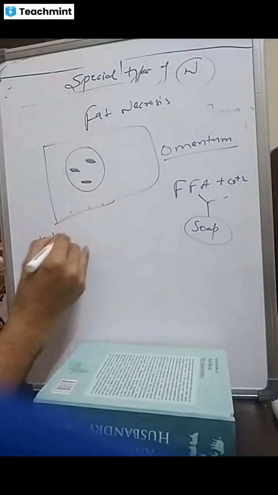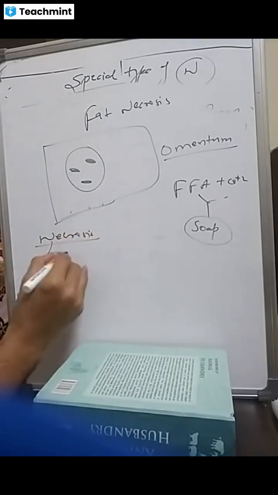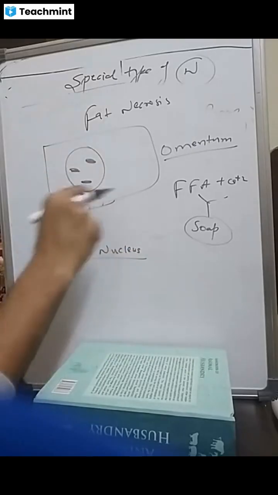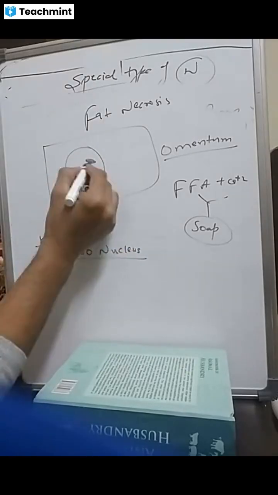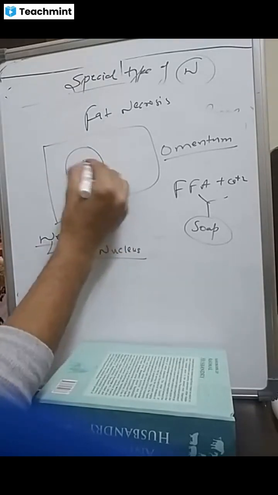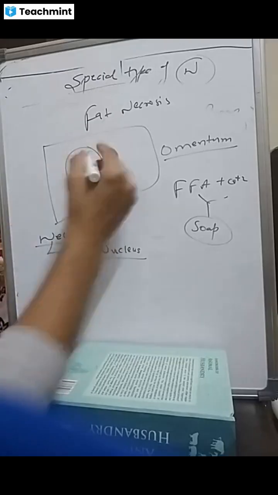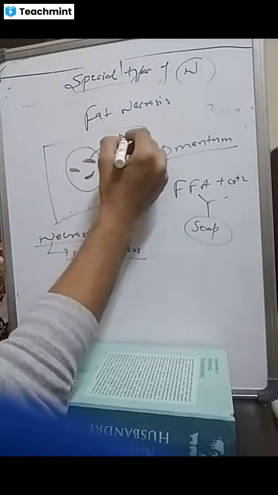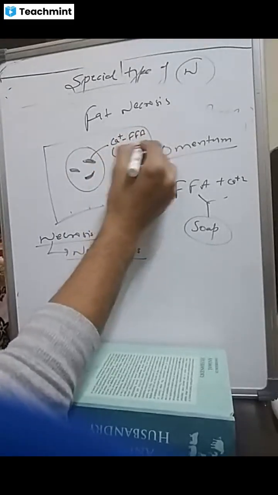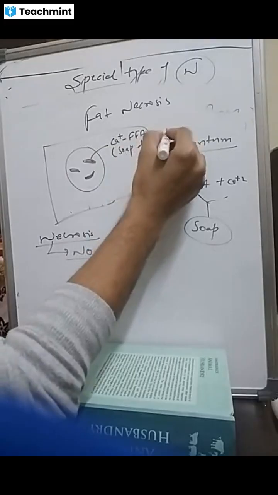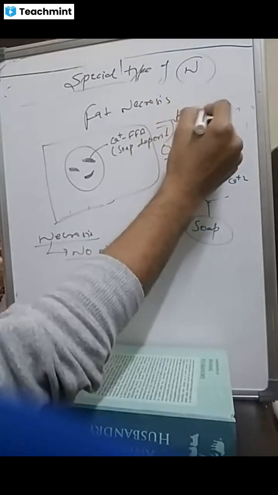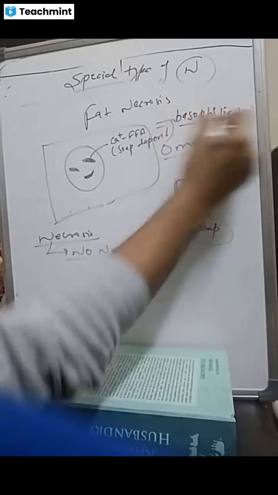See, it is a necrosis. So no nucleus. Nucleus is not there. These three dots, they are calcium free fatty acid, that is soap deposit, and these are basophilic.